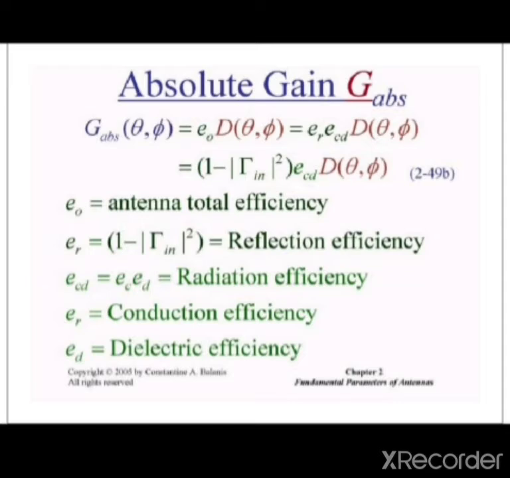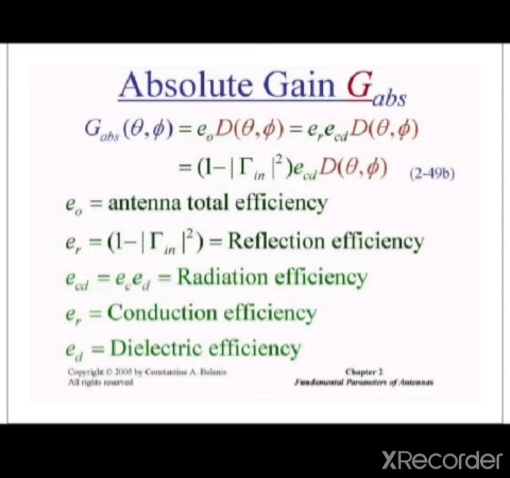Absolute gain: G absolute of theta comma phi is equivalent to e naught times D of theta comma phi, where e naught is equivalent to e_r times e_cd. So here e naught is the antenna total efficiency. Therefore it is (1 minus gamma squared) times e_cd times D of theta comma phi.